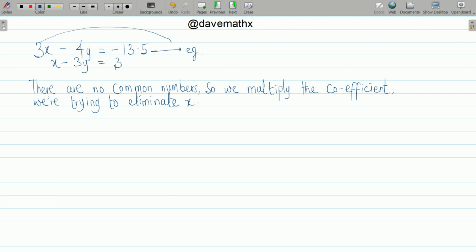So we name the equations, making it equation 1 and equation 2. The coefficient of x in equation 1 can therefore be multiplied to all of equation 2, and vice versa.